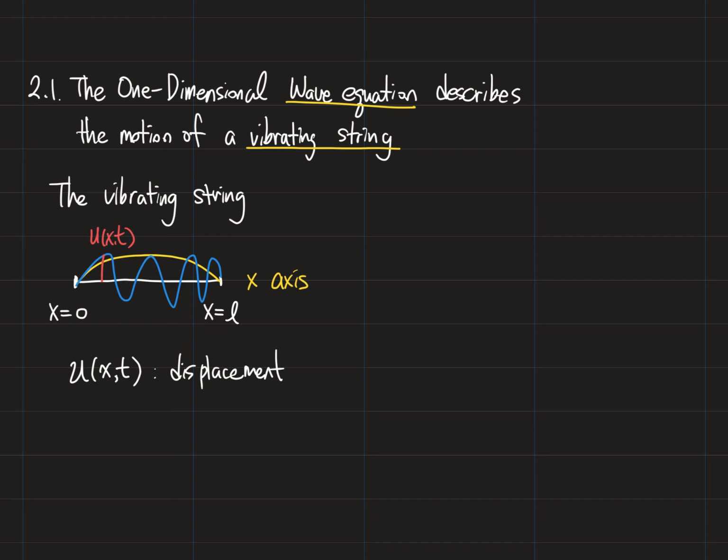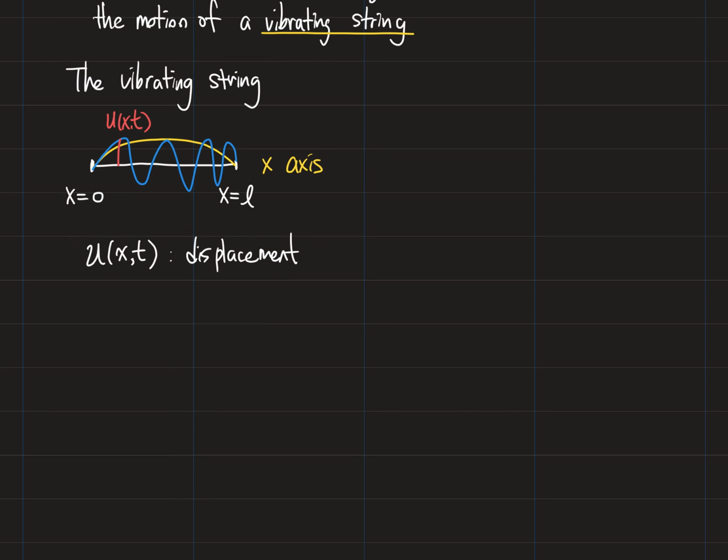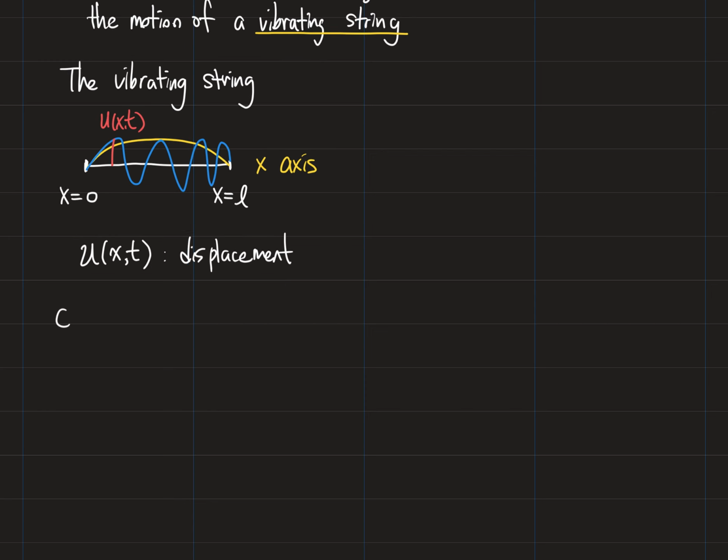And the equation that governs this motion is the classical one-dimensional wave equation. We are not going to derive the classical one-dimensional wave equation, but you can do this if you want, and you can find some clues in the exercise problems.